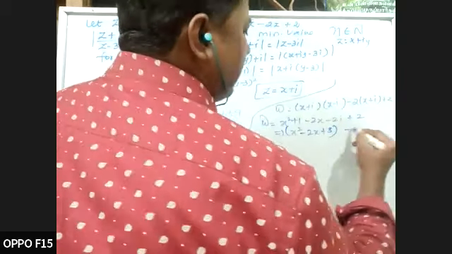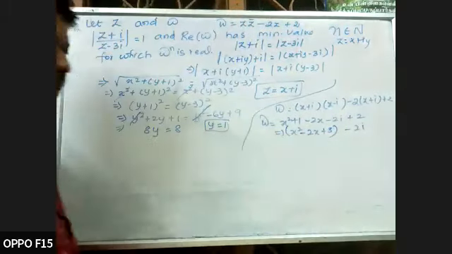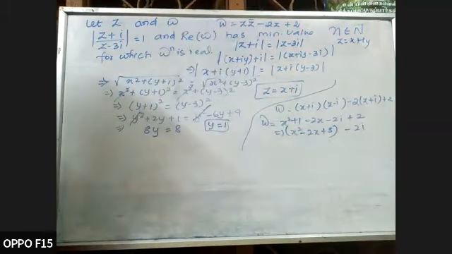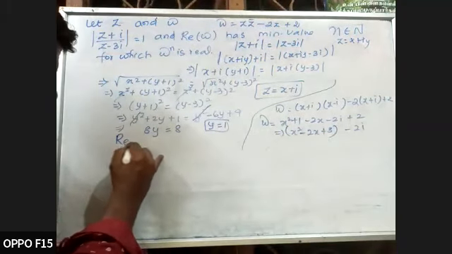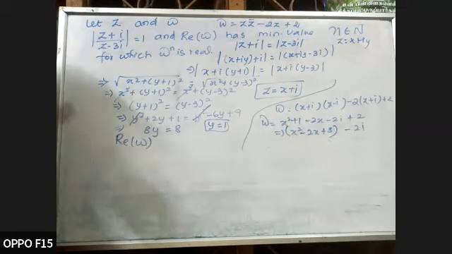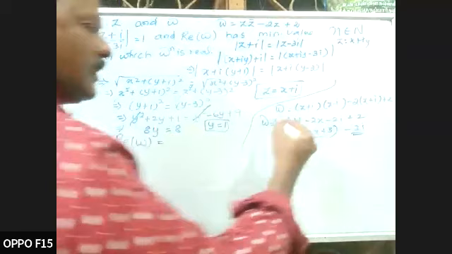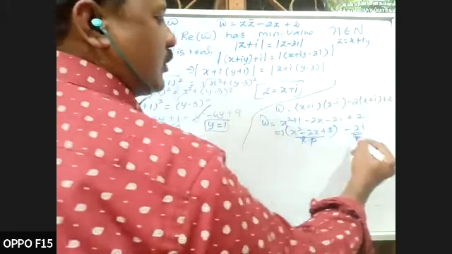And then the imaginary part is minus 2I. Now the question says real part of omega has minimum value. Let us consider what is the real part of omega. This is the real part, this is the imaginary part. Your real part is X square minus 2X plus 3.